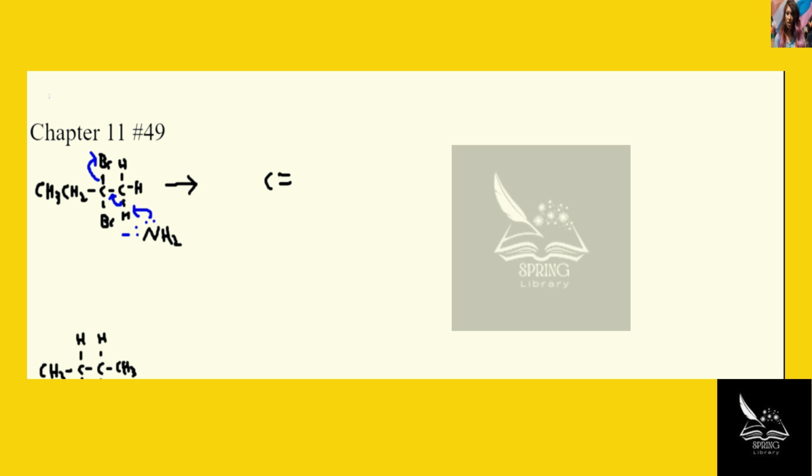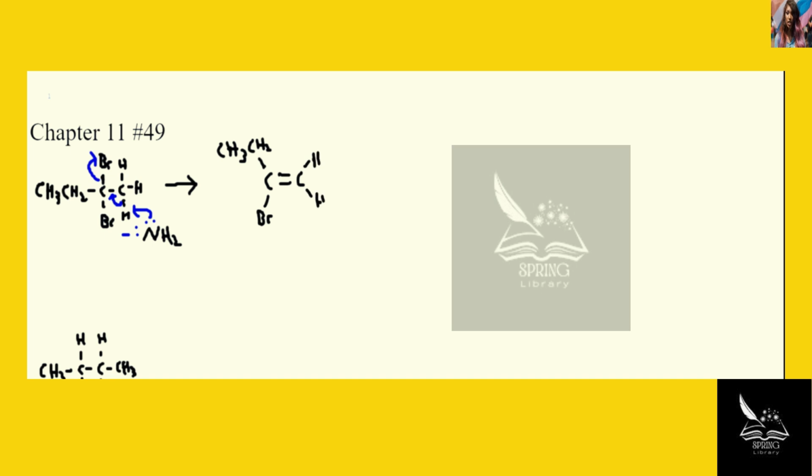So we're going to have the carbon-carbon double bond here. And then this side will be CH2CH3. So there's the rest of the molecule. And then we're going to have bromine on this carbon. And this other carbon is going to have two hydrogens.